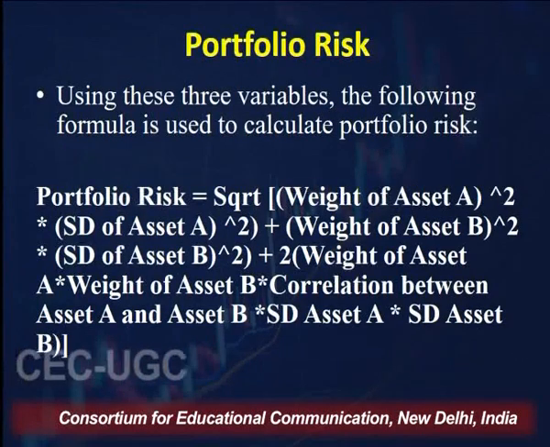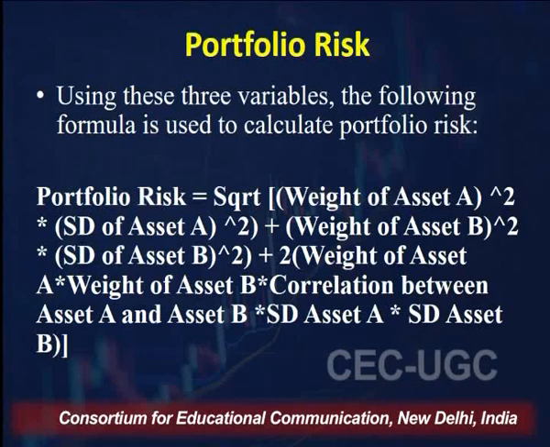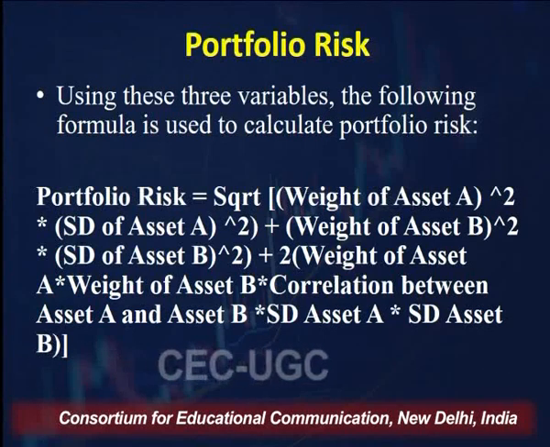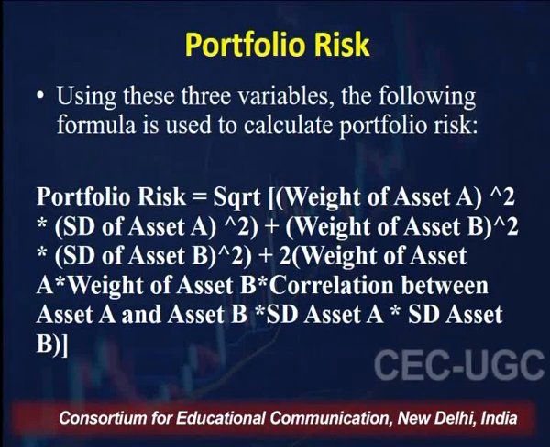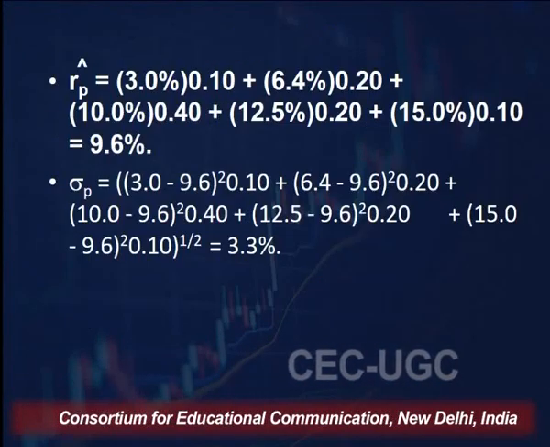We are using the square root of the weight of asset A raised to the power 2 into standard deviation of asset A. So we will be using this same formula here when we do the calculation, and after applying this formula, what we get is our portfolio risk of 3.3%.